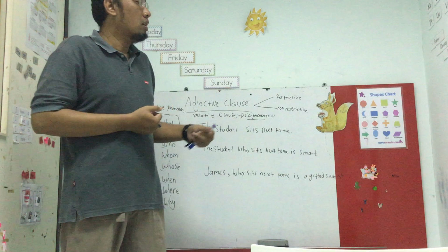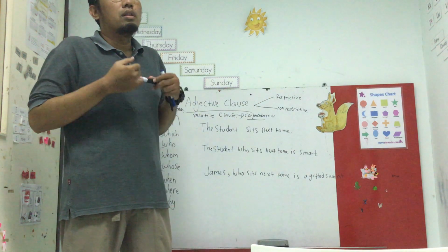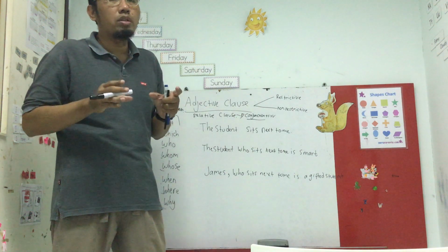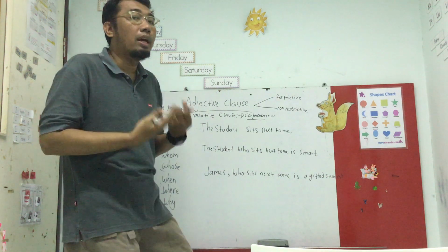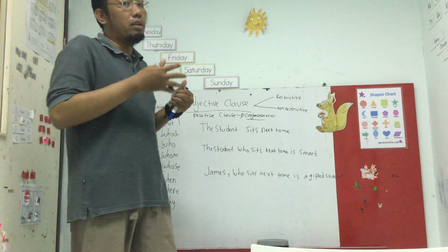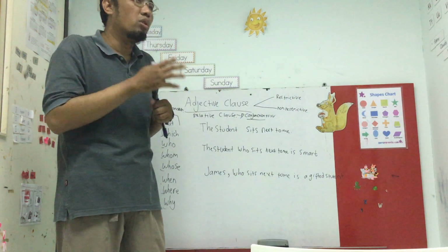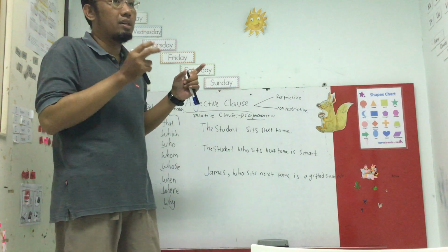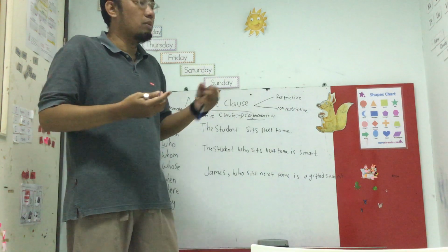Restrictive means that the adjective clause is necessary in the sentence so that it can explain more about the noun. If you don't have it, you don't really know about the noun anymore because it doesn't have any description. That is what we call restrictive.